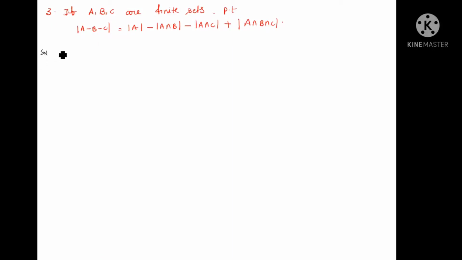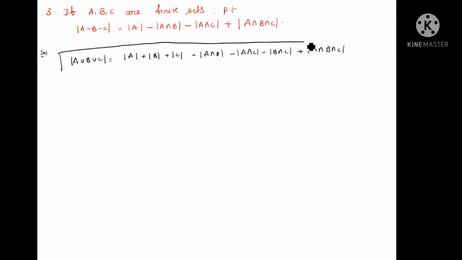Mod A union B union C equals mod A plus mod B plus mod C minus mod A intersection B minus mod A intersection C minus mod B intersection C plus mod A intersection B intersection C. But here they are asking for mod A minus B minus C.